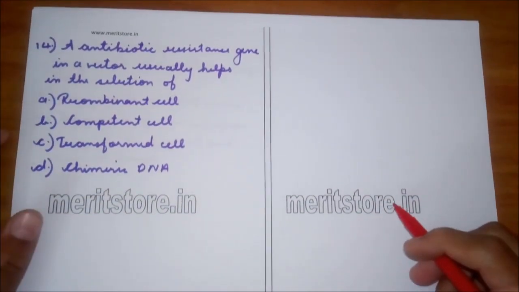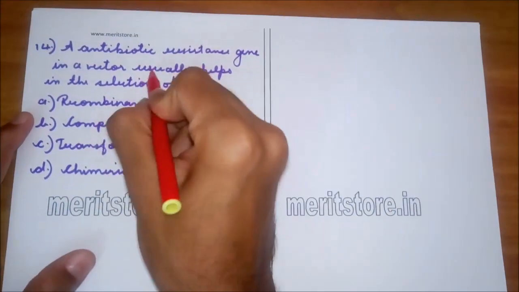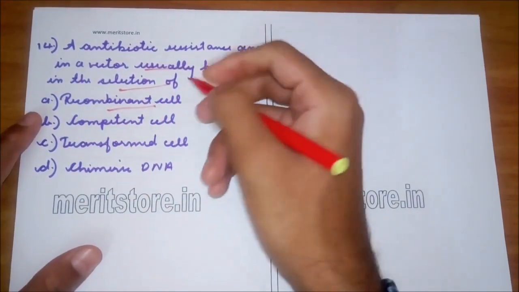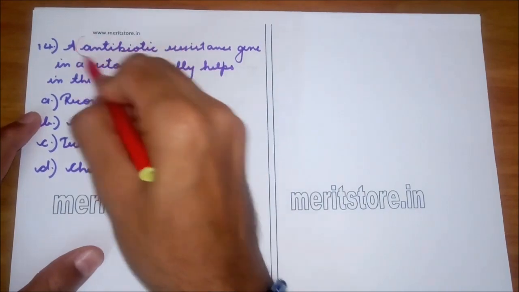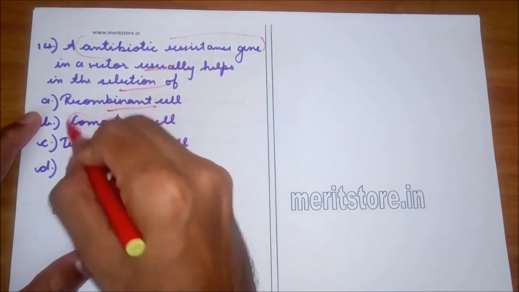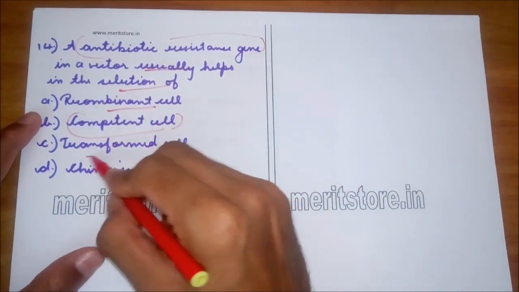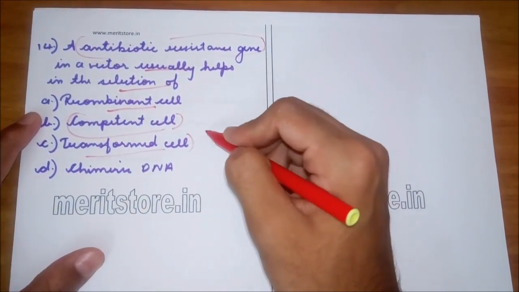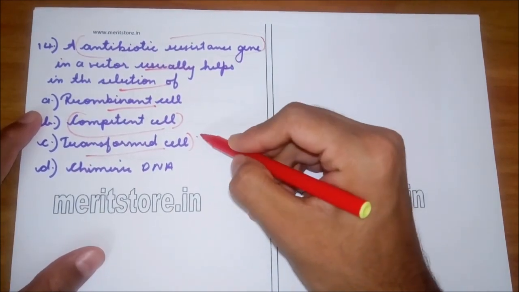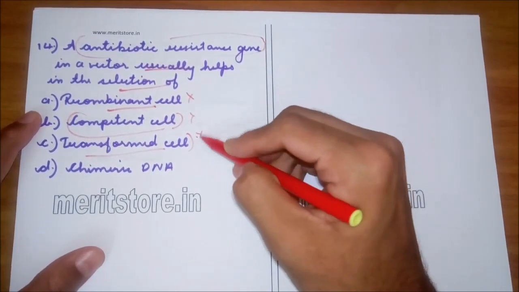Question number 14. An antibiotic resistant gene in a vector usually helps in the selection of recombinant cell. Recombinant cell selection does not depend upon the antibiotic resistant gene. Competent cell also, and transformed cell is the cell which has been transformed with new characteristics. So the first three options are ruled out.